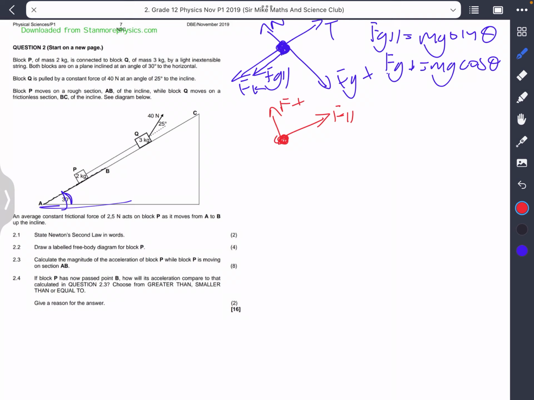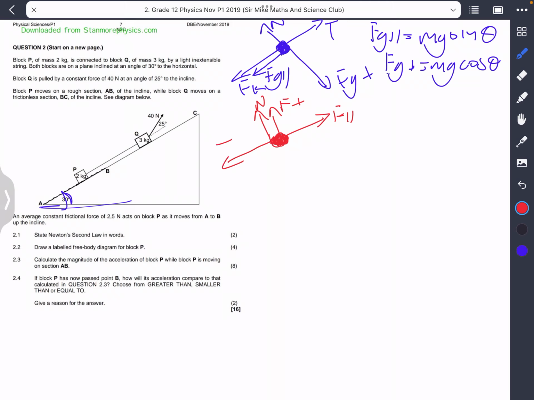Also remember that we have the normal force, and we also have the force of gravity and that tension. In this dimension, we have tension pulling that 3 kg block down the incline, so we have the tension acting in that dimension.